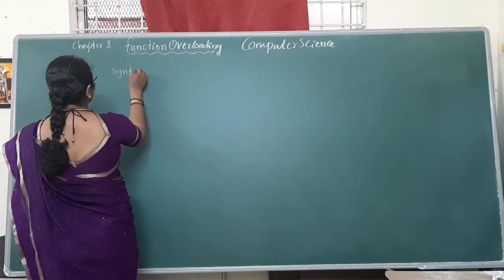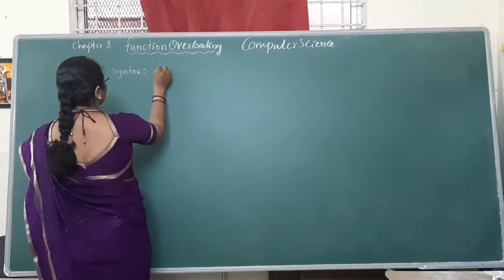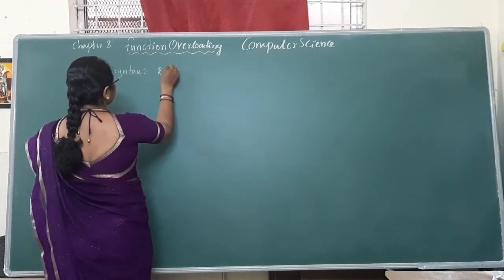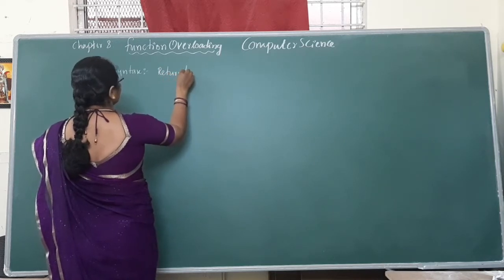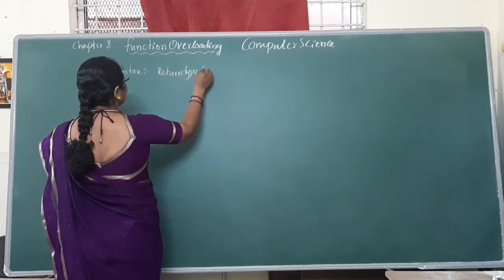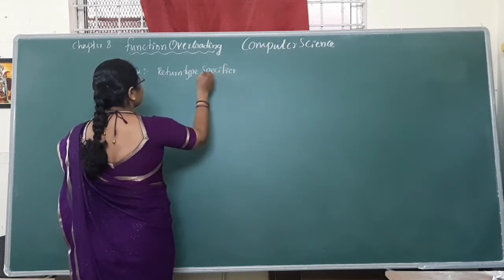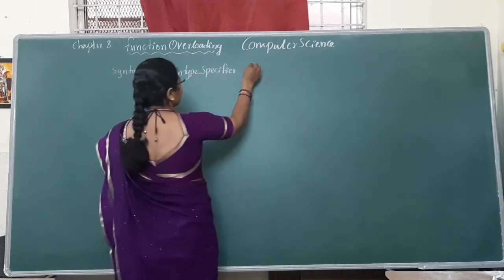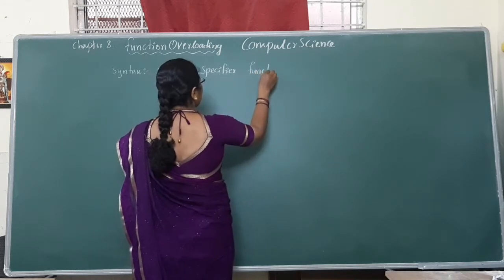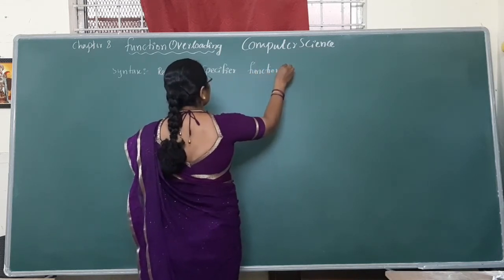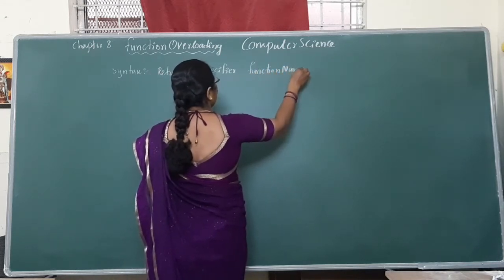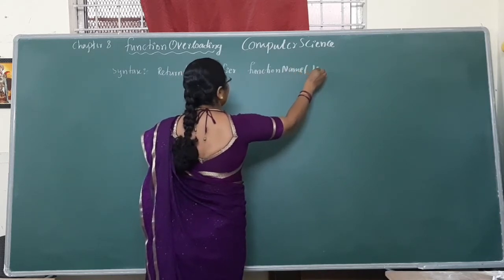General syntax of function overloading: return type specifier, function name, without any argument.